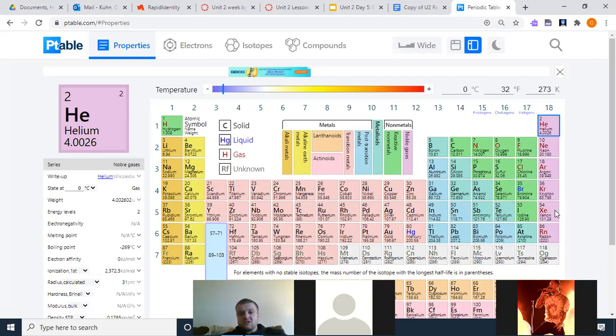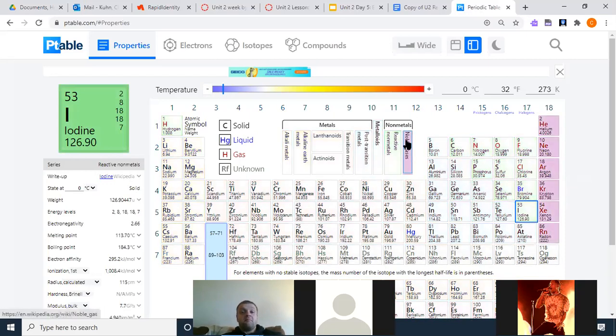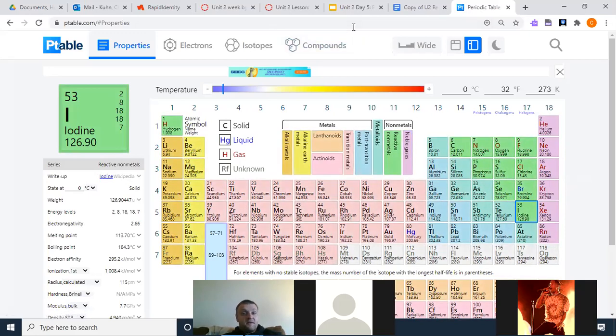So if we're trying to do iodine, we have to pick the noble gas that comes before iodine. Now, the other thing that you're going to want to do is pick xenon. Well, Mr. Kuhn, xenon's right beside it. Why don't we pick xenon? Because xenon has 54 electrons.